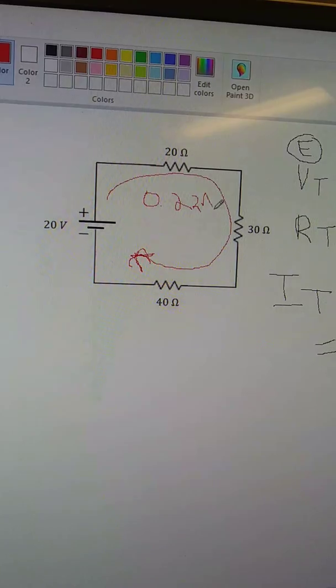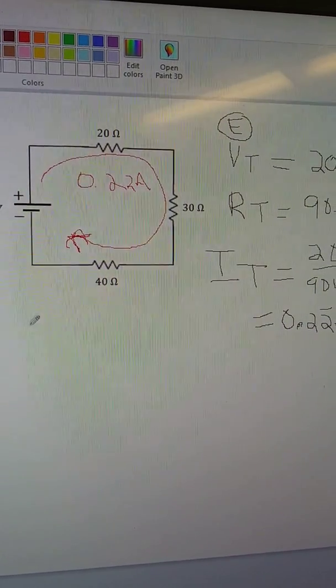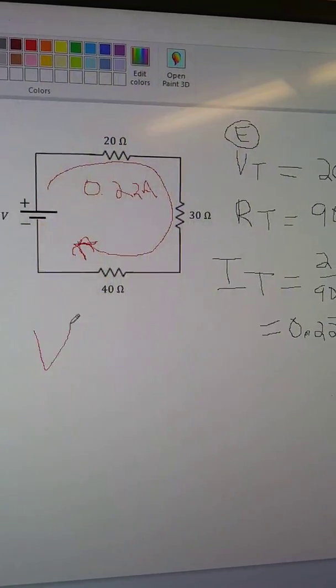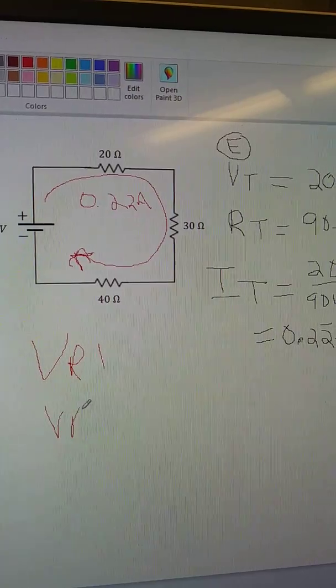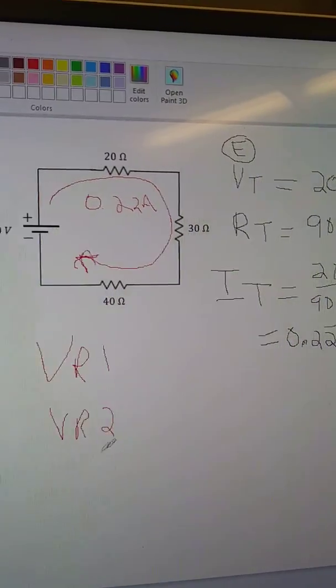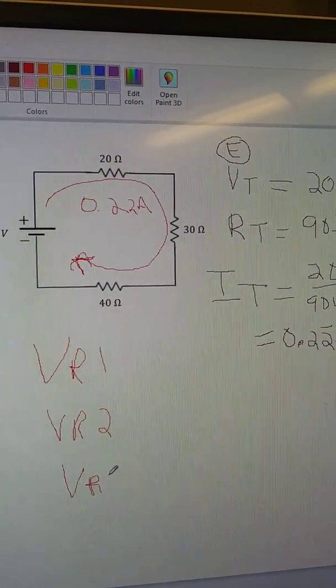So 0.22 amps. Now if I want to get voltage drops, and I'm going to take my video a little bit longer, and that's okay. Remember, I said a minimum of 2 minutes. If I want to get voltage drops of R1, R2, and R3, it's just a matter of doing the math here.